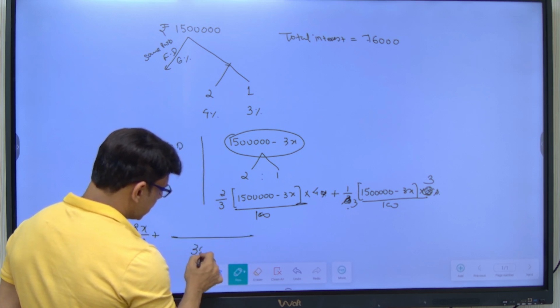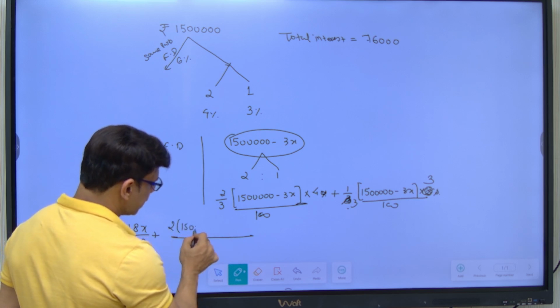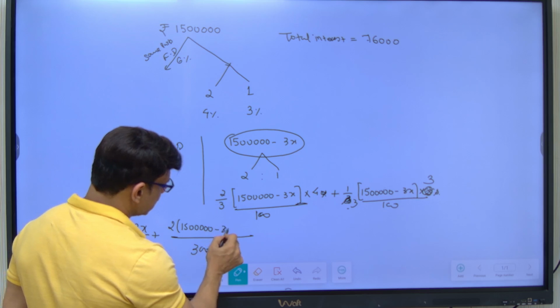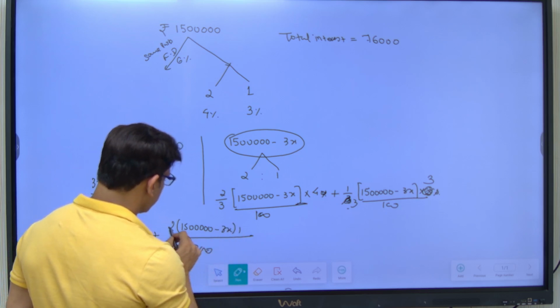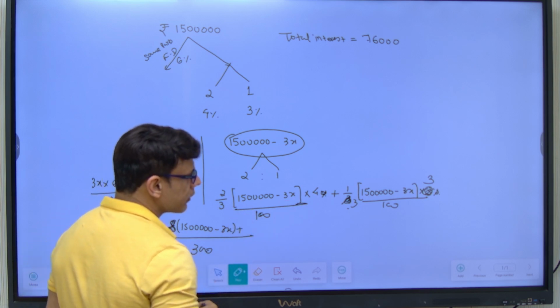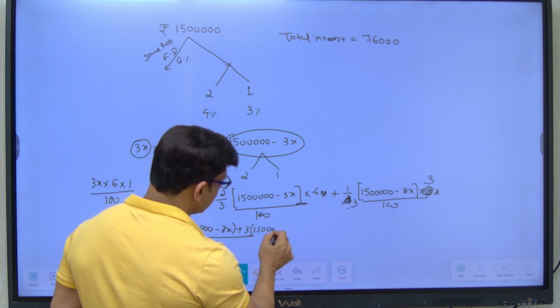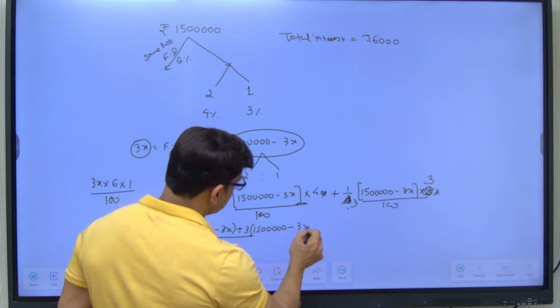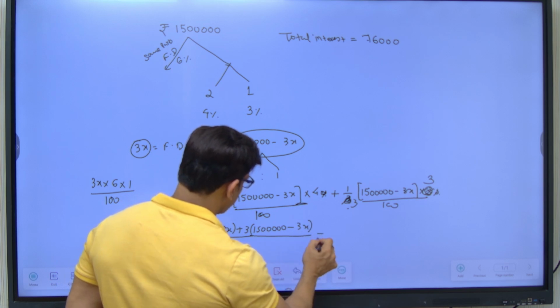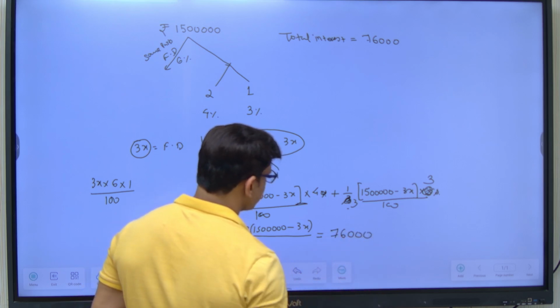So LCM is 300 and this is 2 times of 15 lakhs minus 3x into 4, which is 8, plus 3 times of 15 lakhs minus 3x. This total is nothing but equal to 76,000.